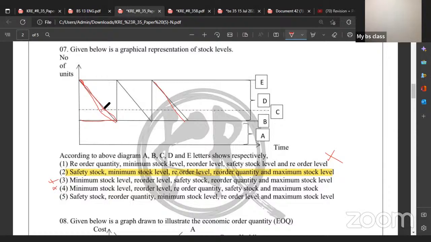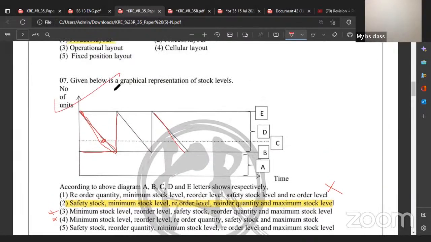At that moment you make the order, and then you will be fueling up again. You are not going to take out the safety stock that you have, but you try to fill it up by ordering. So that's the reorder quantity. So we can go with option number 2.